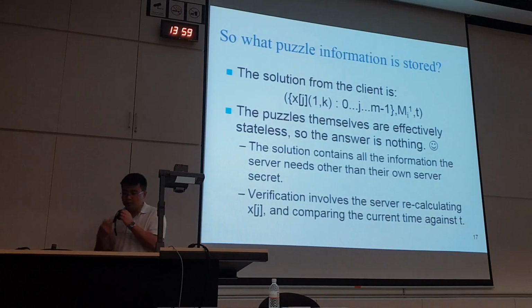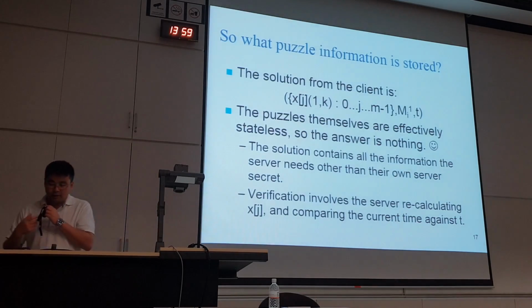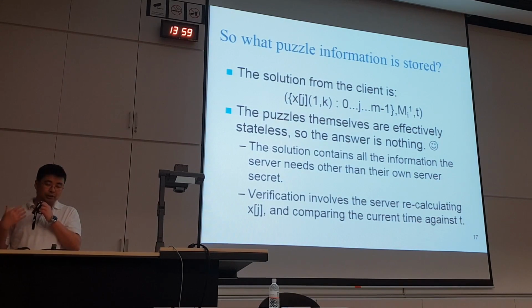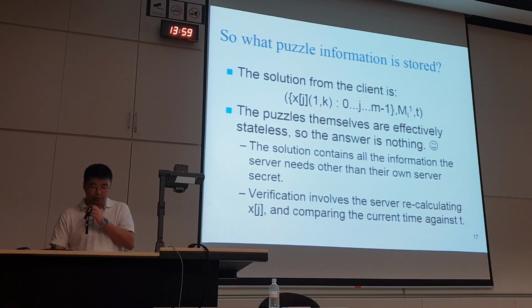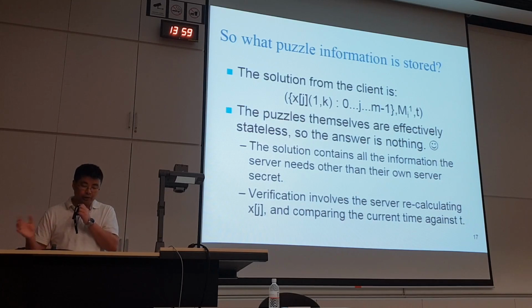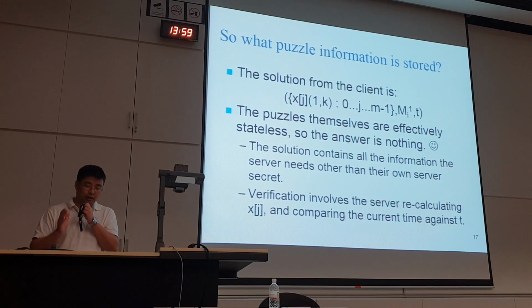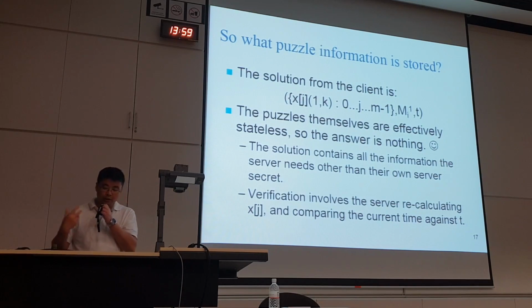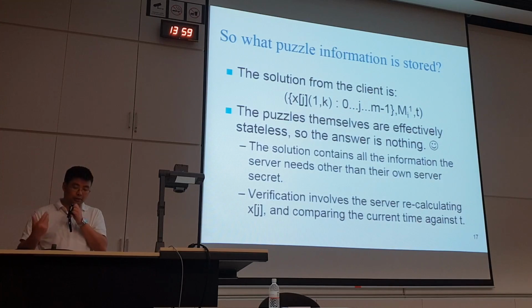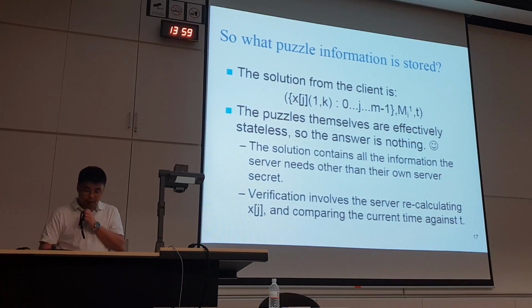If the server keeps the secret S, then the verification can be done based on the secret S and the solution provided by the client. So in this case, the server does not need to store anything. We don't need a buffer kept by the server for verifying the client puzzle, and we only require very little computation: essentially two hash evaluations to generate and verify the puzzle.